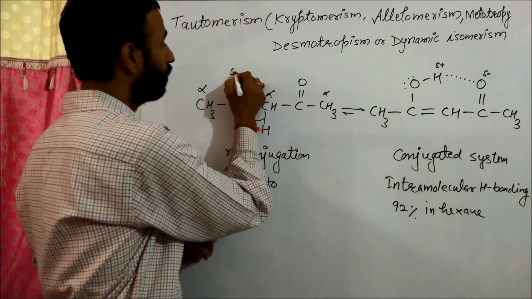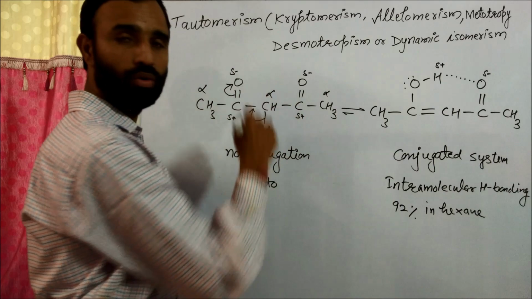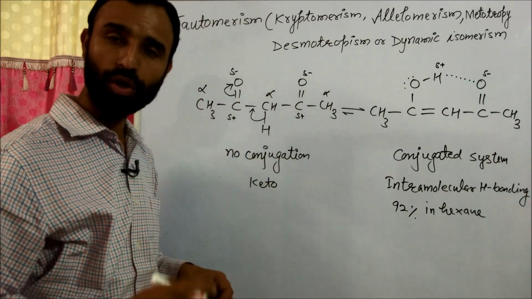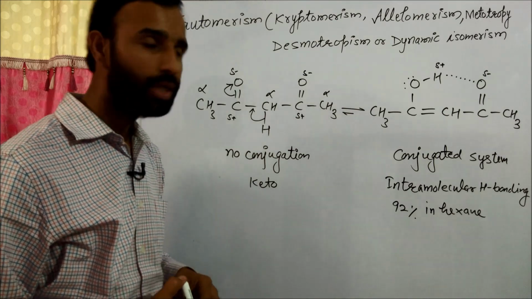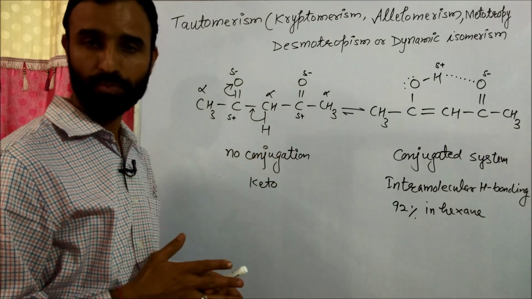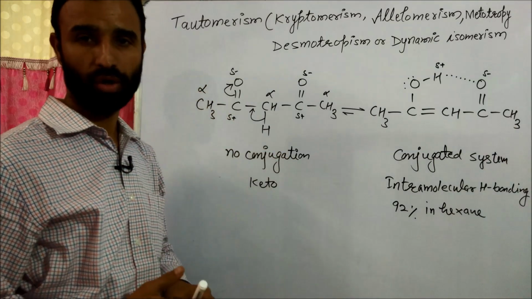Because of the presence of these keto groups, they form hydrogen bond with polar protic solvents. So keto form is more than enol form in case the compound is present in polar protic solvent.